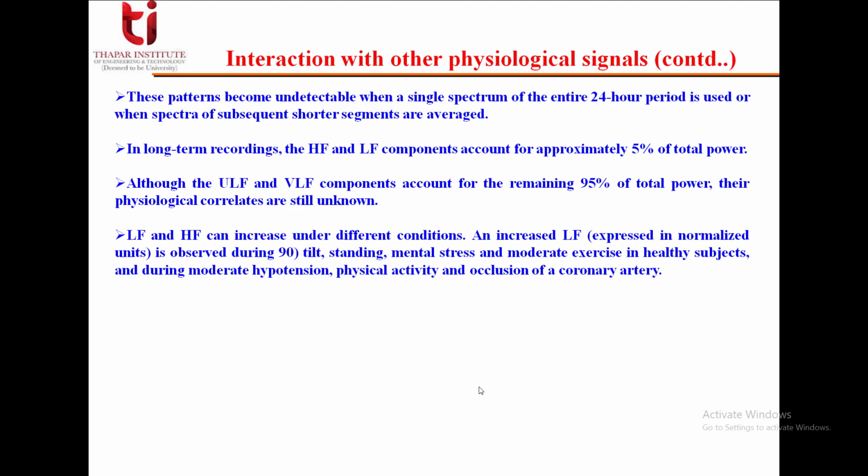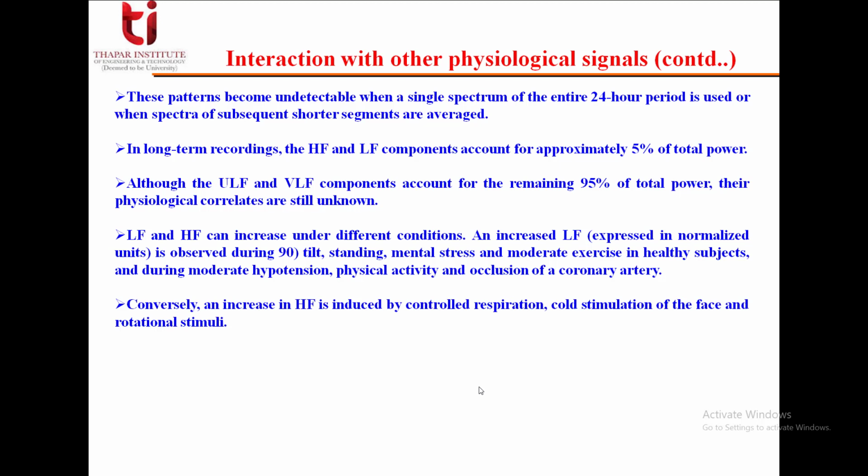LF and HF can increase under different conditions. An increased LF, again expressed in normalized units, is observed during 90-degree tilt, standing, mental stress and moderate exercise in healthy subjects and during moderate hypotension, physical activity and occlusion of a coronary artery.